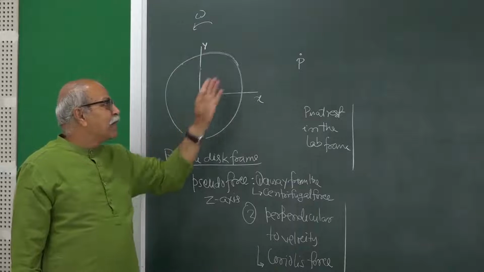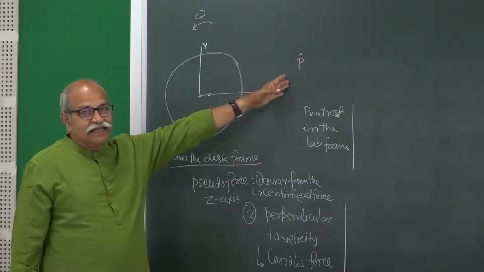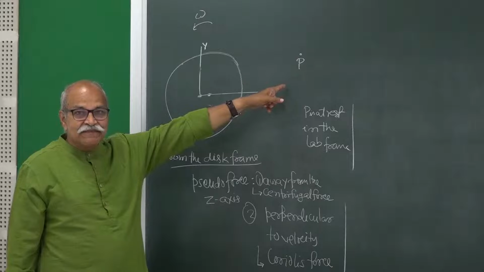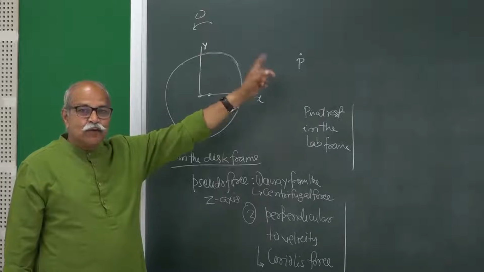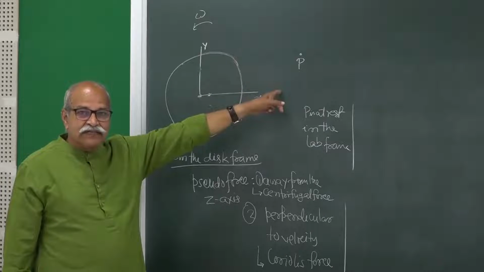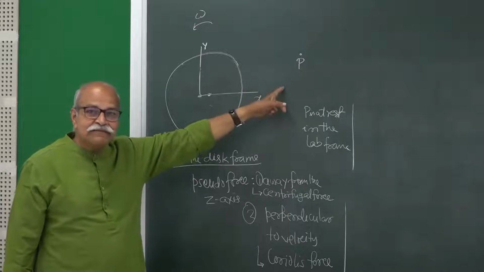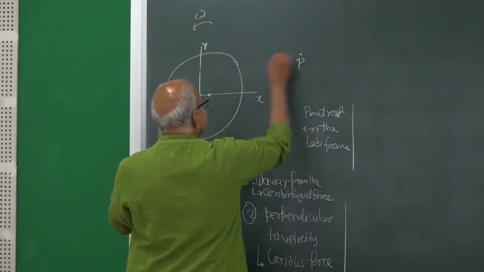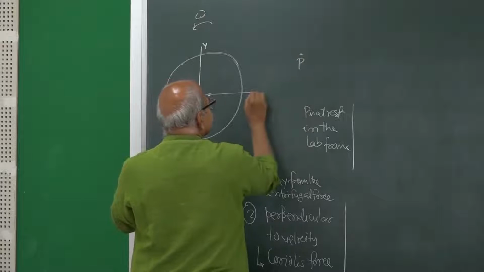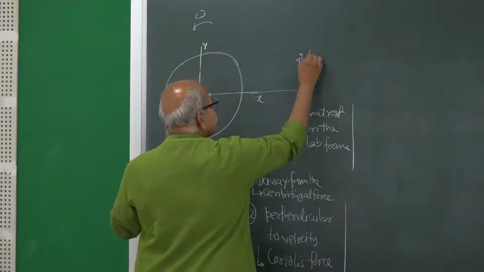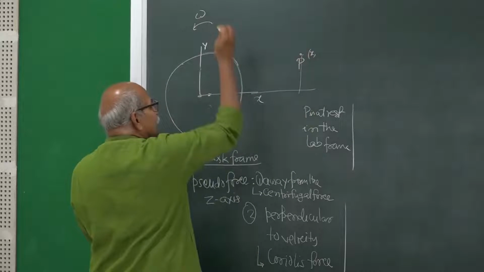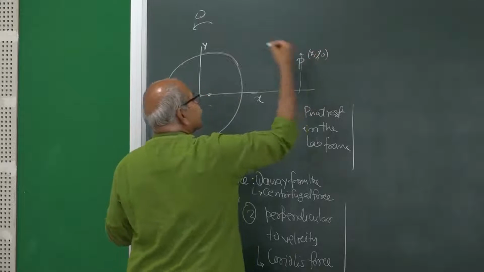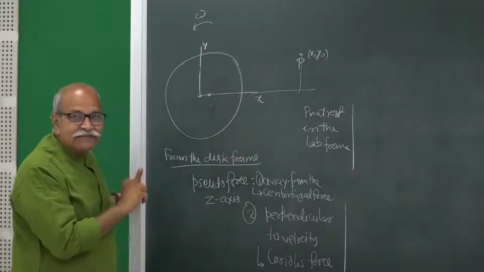What is the path of the particle? Is the particle at rest? Are the x coordinate, y coordinate, z coordinate constant? If this is the particle now, it has some x coordinate, and then some y coordinate, and the z coordinate is say 0 at this moment.